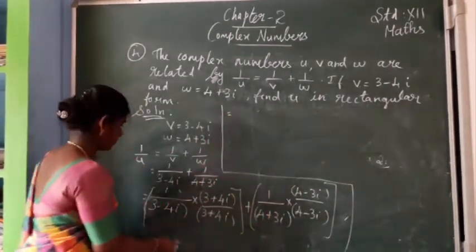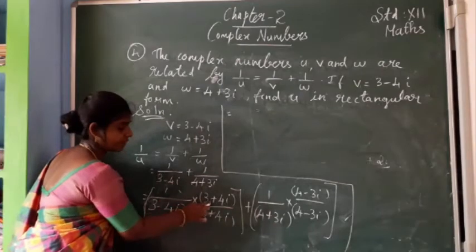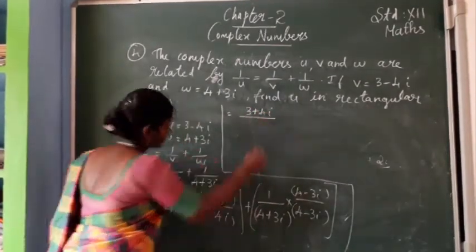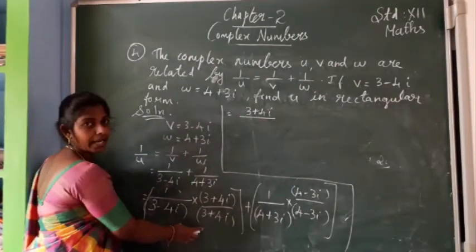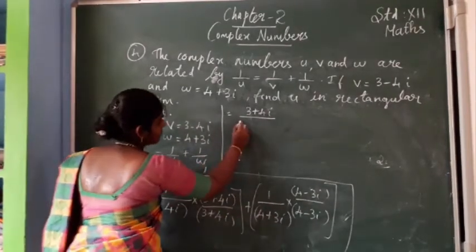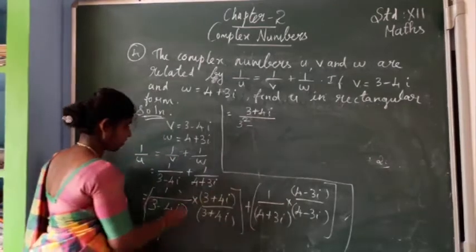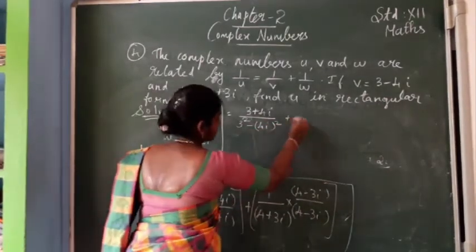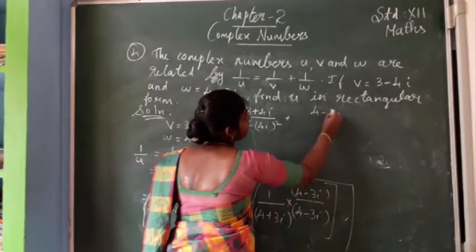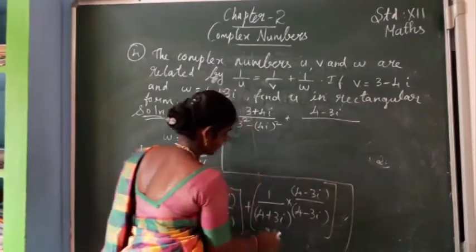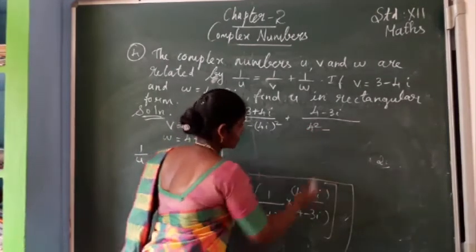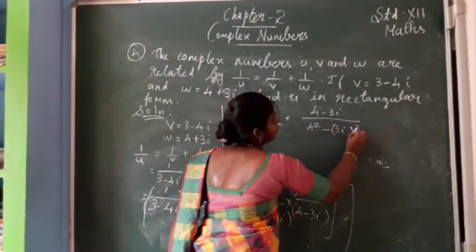That's equal to 1 into (3 + 4i), 1 into (4 − 3i). Then use the a² − b² formula: 3² − (4i)², plus (4 − 3i) divided by, use that formula, 4² − (3i)².